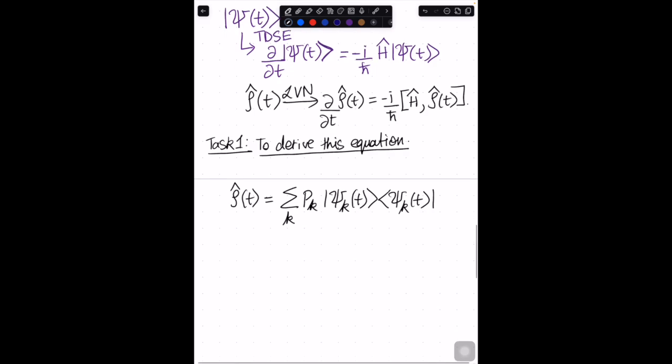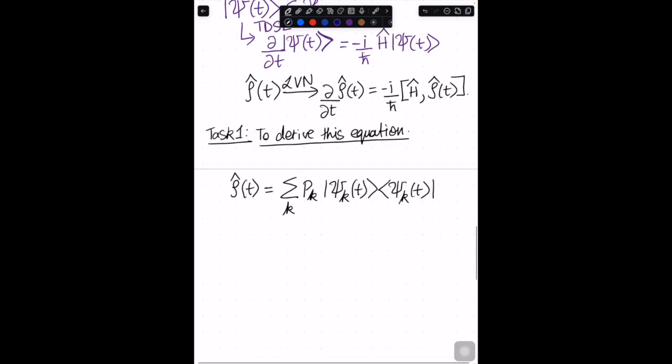Okay, so now if you consider the evolution of the quantum system and its Hermitian conjugate to be brought about by a specific time evolution operator, let's just call it U hat of t, then we can describe this time evolved quantum system as follows.